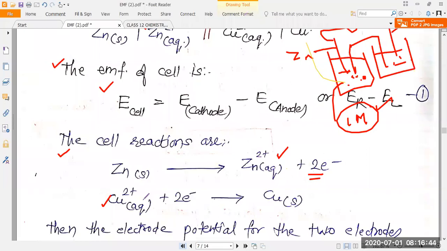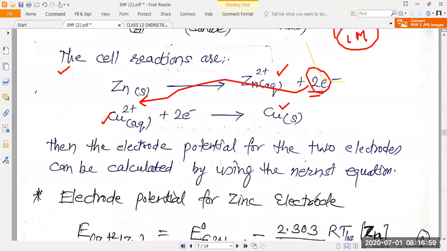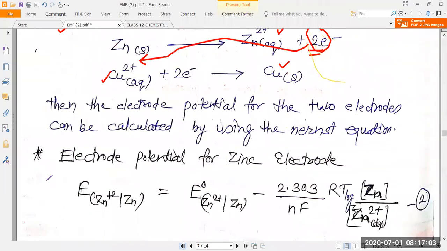In the copper sulfate solution, copper ions are there. These 2 electrons will be accepted by the copper ions, and they are converted into copper metal. Then the electrode potential for the 2 electrodes can be calculated by the Nernst equation. How can we calculate?